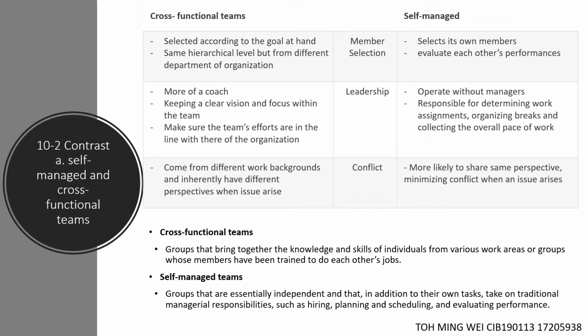All the members of a cross-functional team come from different work backgrounds and inherently have different perspectives when issues arise. A self-managed team will also run into issues, much like any other team type. However, the members are more likely to share the same perspective, minimizing conflict when an issue arises.